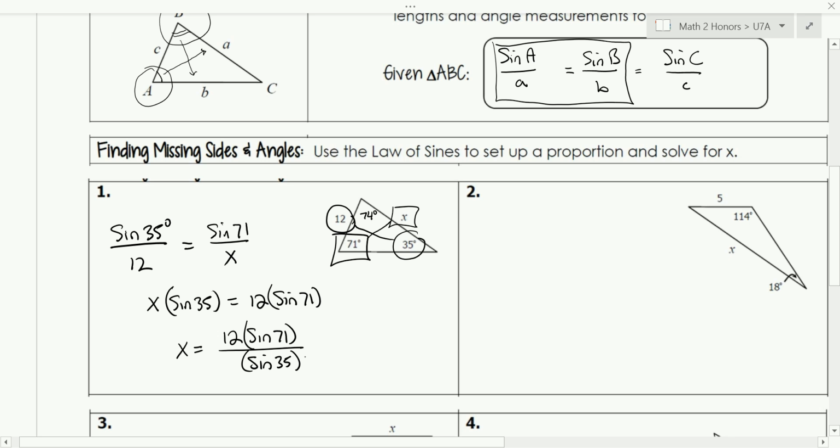You cannot do that because the sine of 71 is a side length of a triangle with angle 71. That's what that means. And this is a side length of a right triangle with an angle of 35 degrees, right? You cannot separate these. If this was a 70 and this was a 35, could I reduce those numbers? No. Don't touch this part, okay? Just leave it alone. Don't try to reduce that.